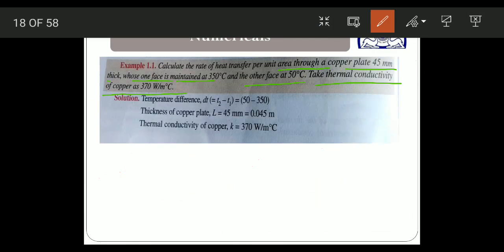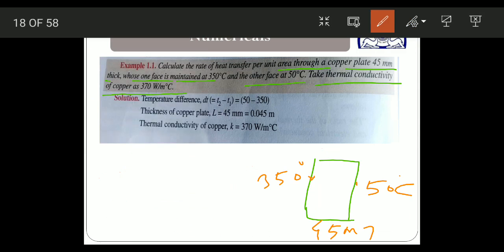That is a very simple question. This is the plate, the thickness of this plate is given as 45 mm, the inside temperature is 350 degrees Celsius, and the other surface temperature is 50 degrees Celsius. The thermal conductivity of this material is 370 watt per meter degree Celsius.